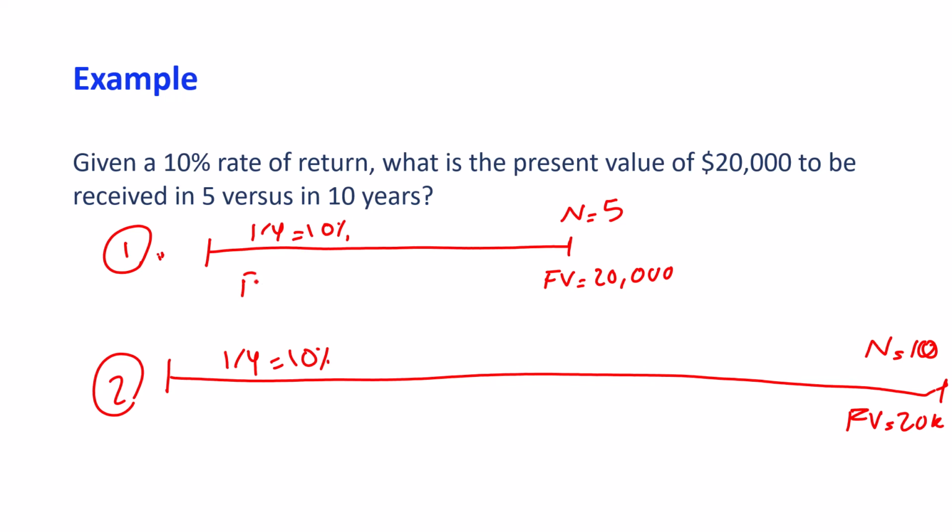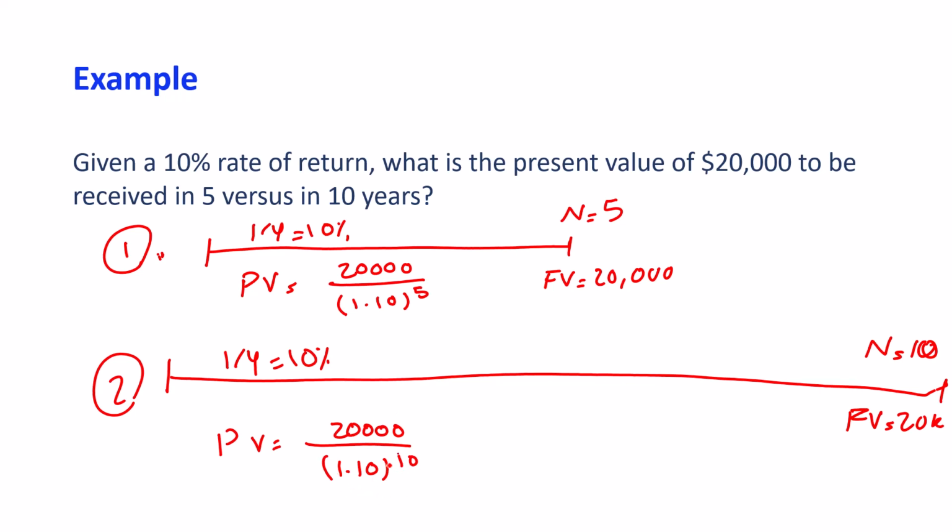The present value in the first case would be 20,000 divided by 1.10 raised to the power of 5. And in the second case, 20,000 divided by 1.10 raised to the power of 10. Of course, in the second case, you're going to end up with a smaller present value because you're dividing the same cash flow by a larger denominator.